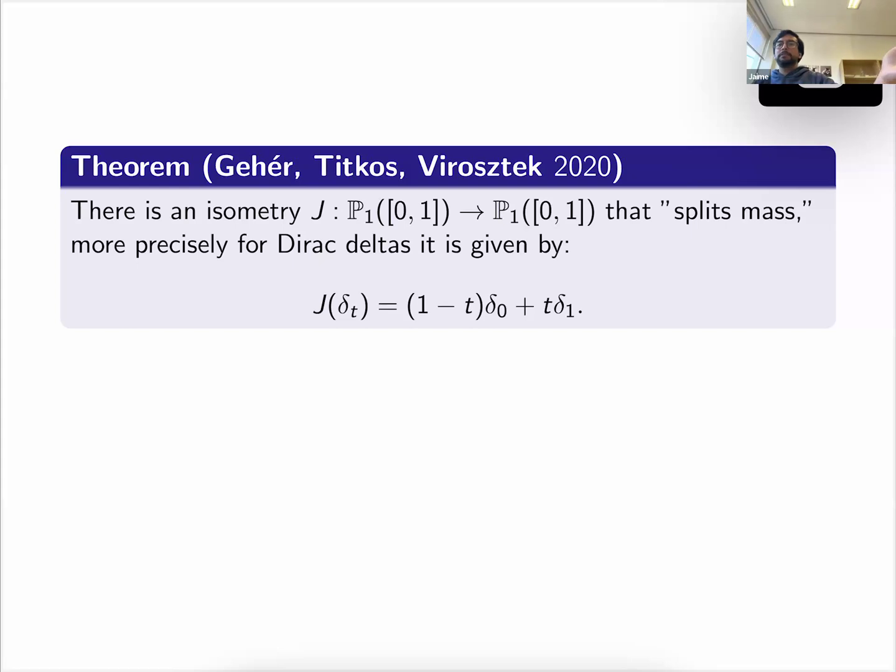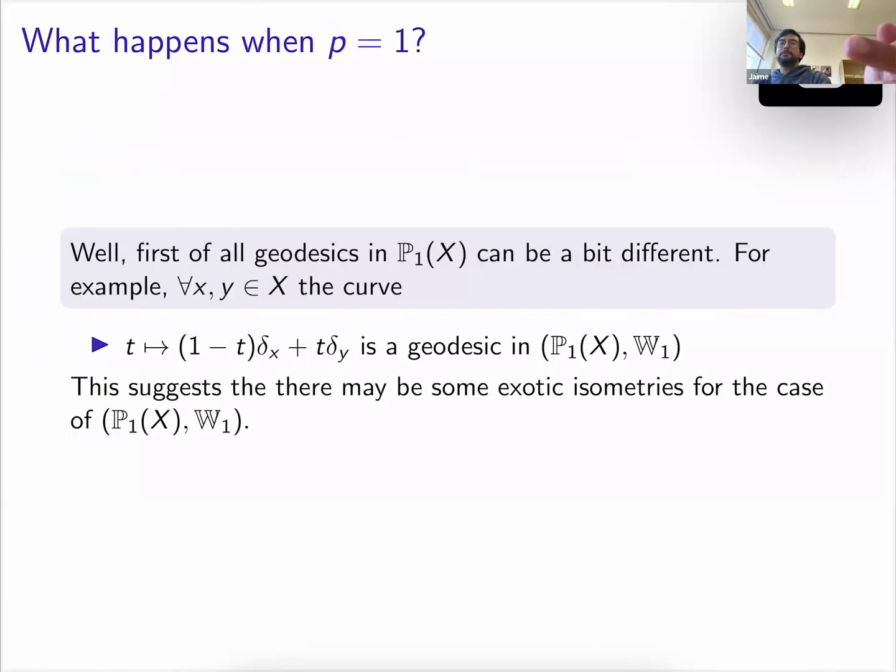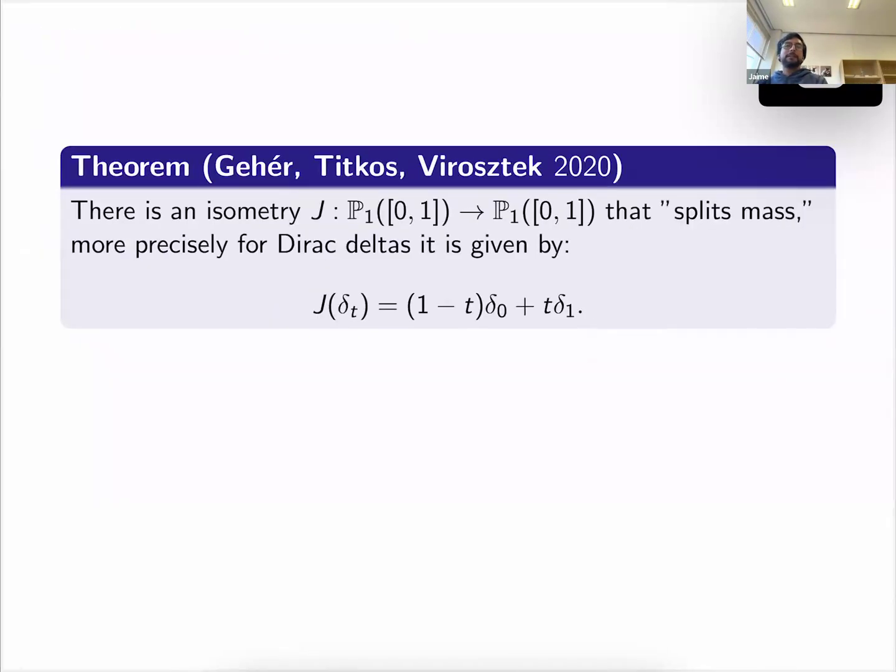And this is sort of to be expected from having that this curve is a geodesic. If you think about it, an isometry must send geodesics to geodesics. So it's just telling us that the geodesic that moves along Dirac deltas, I just send it to this new one. And this is exactly the case.